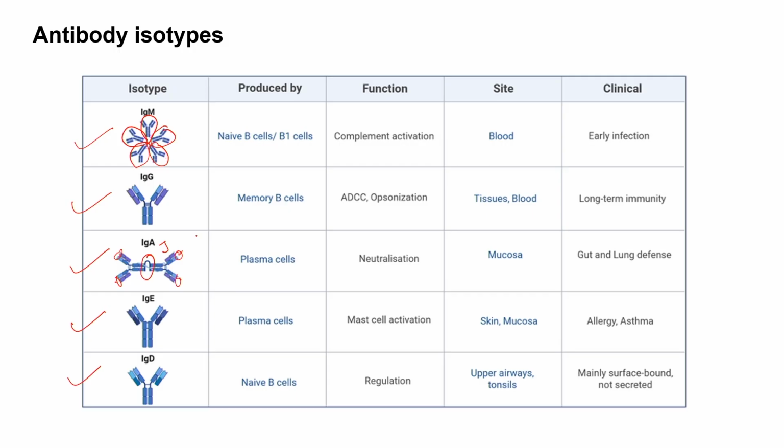So based on that, each of these types are having some specific function. They have some very specific cell type that produces it. They have a typical pattern of their function, and their clinical relevance are also very important. So presence of this immunoglobulin in the body system can define a lot of things. So for example, IgM is actually produced by a B1 cell and the naive B cell.